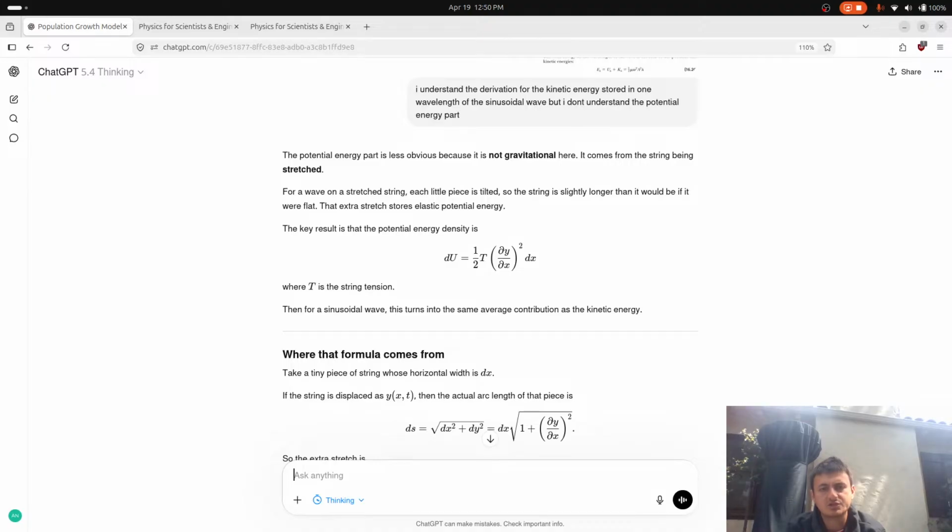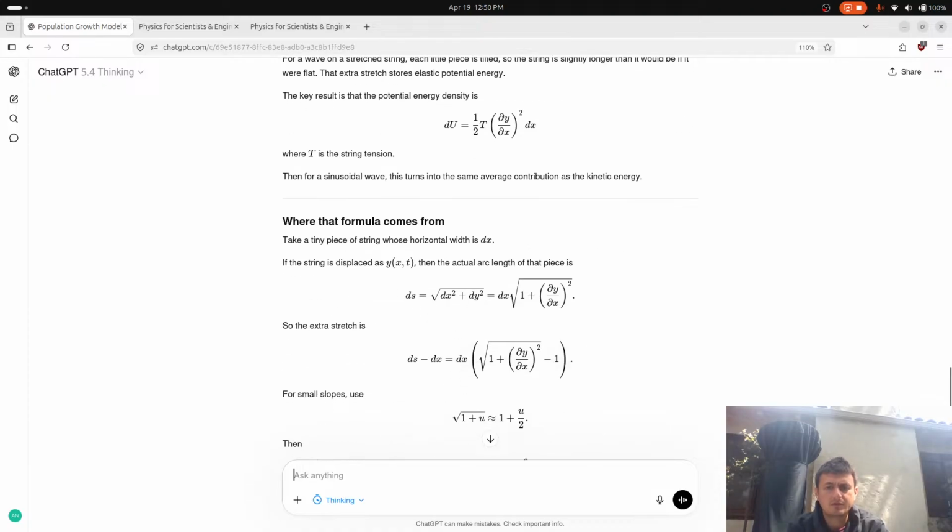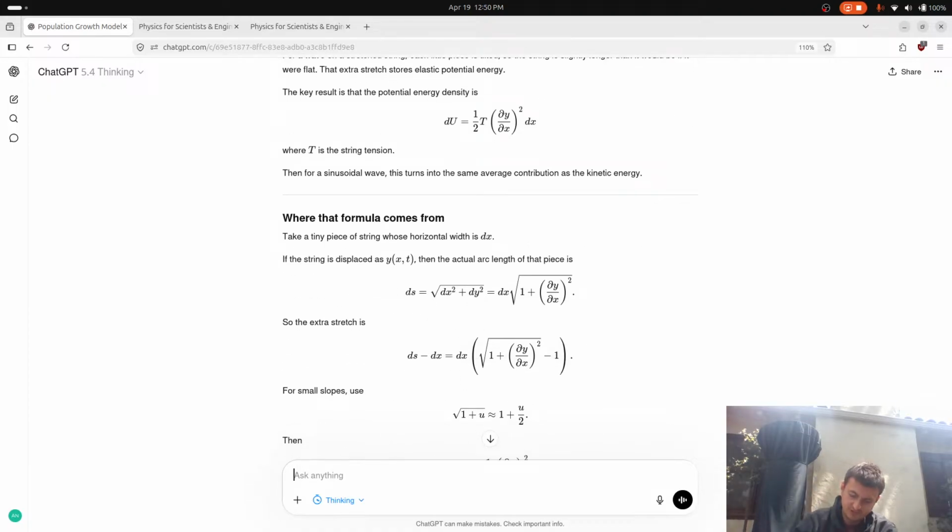result is that the potential energy density is 1/2 times the tension times the square of the change in y with respect to x. Okay, so first let me just write down that.